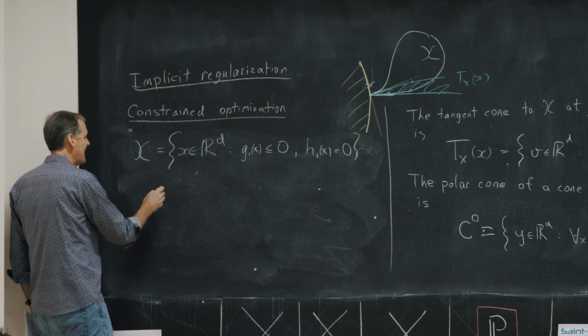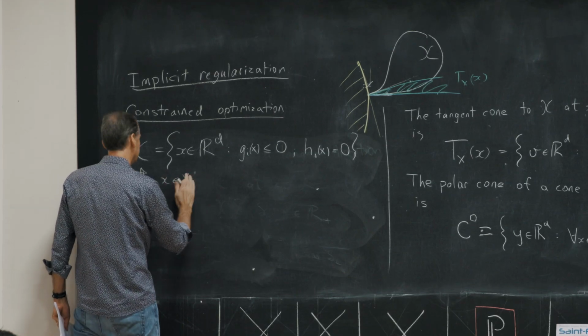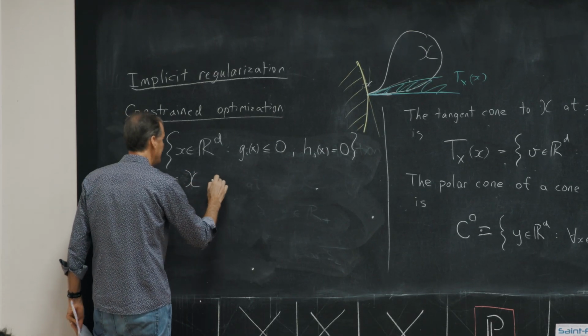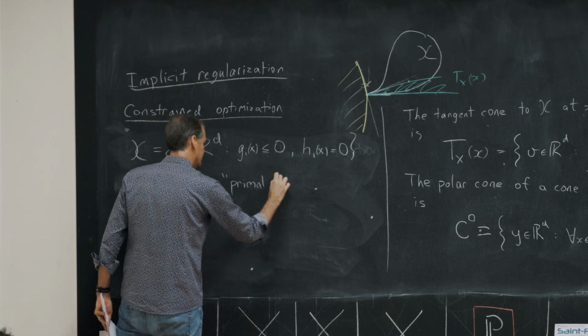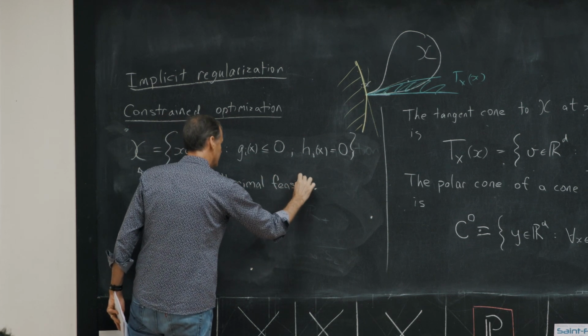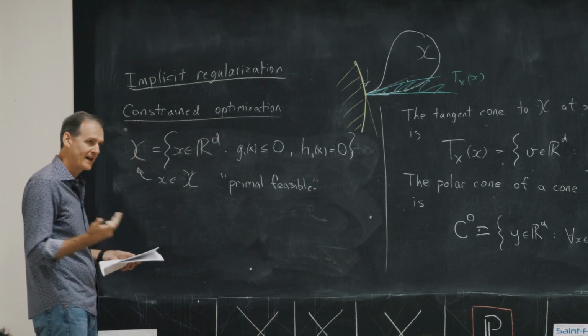Points that lie in X we say are primal feasible.